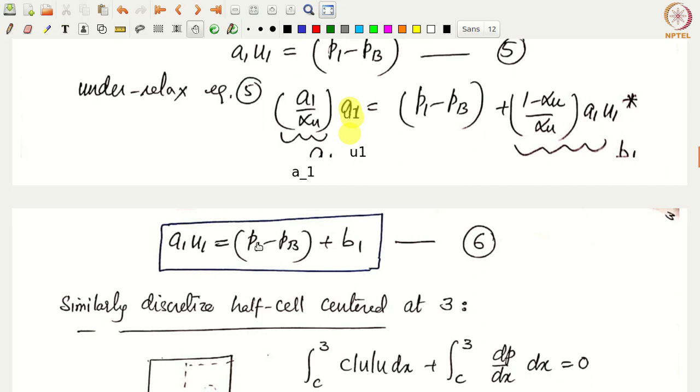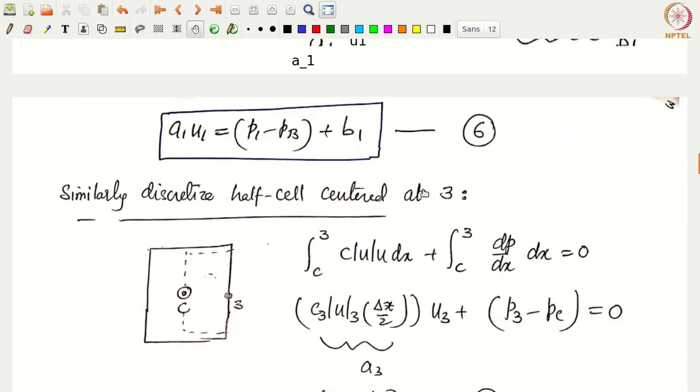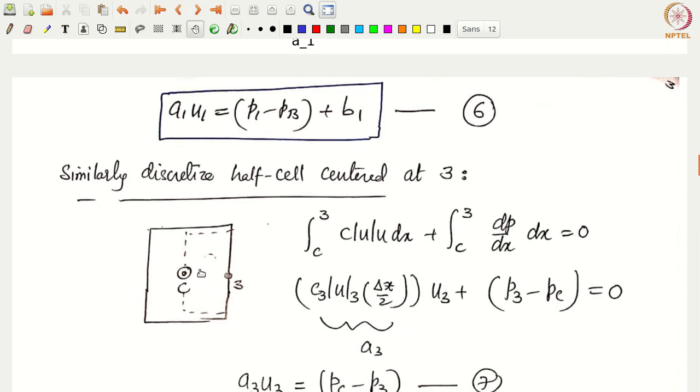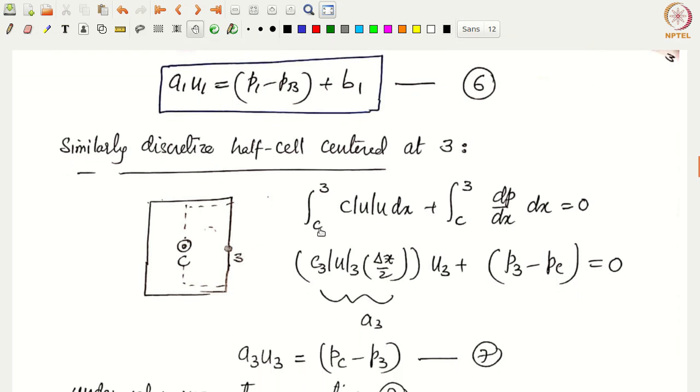Now similarly we will also discretize the half cell that we would get on the other side, that is at the vertex 3, on phase 3. If you consider a half cell extending from C to 3, we will again integrate the momentum equation in order to get the pressure relation between P3 and PC. So this will be integral C to 3 C mod U dx plus integral C to 3 dp dx equals 0.